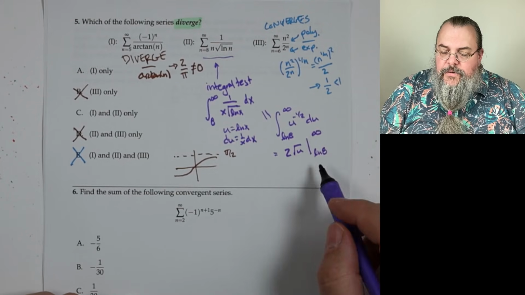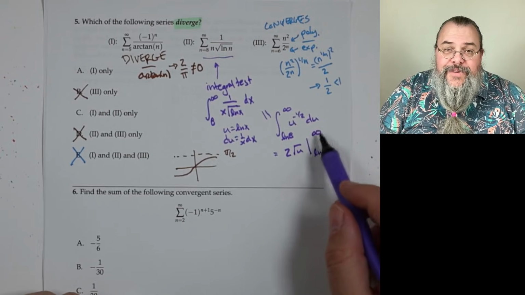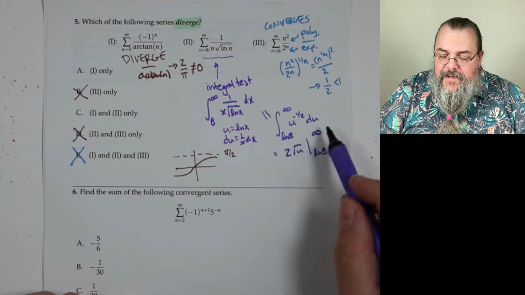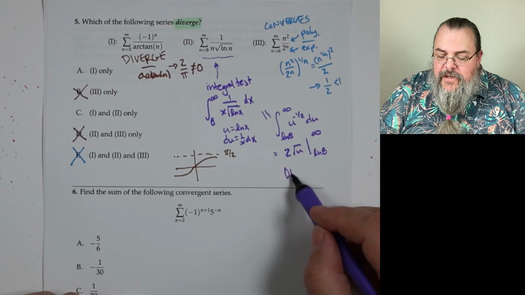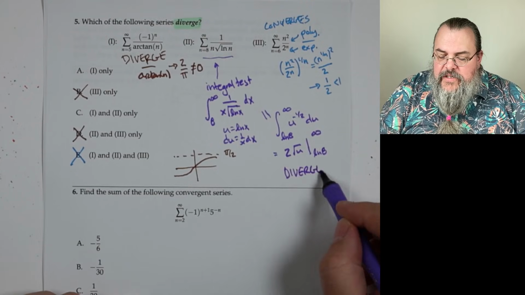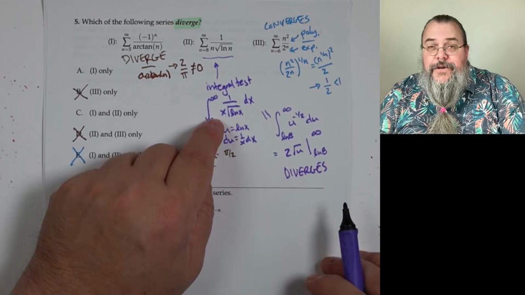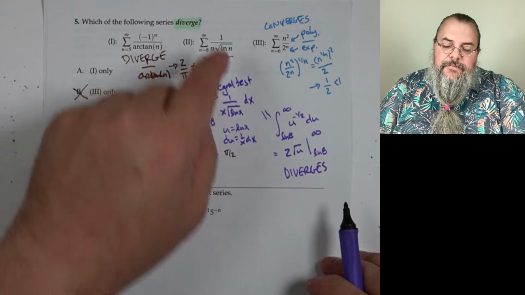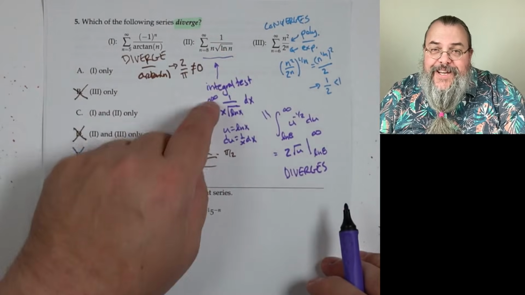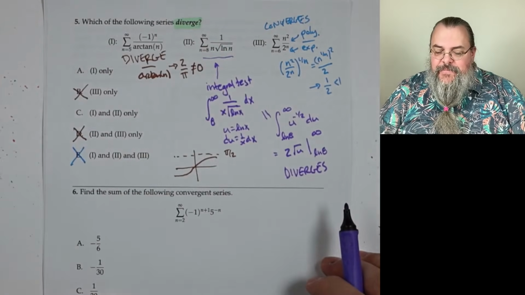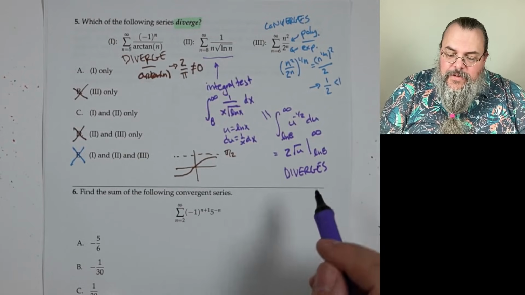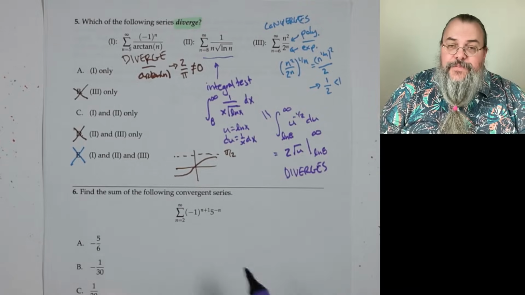And, well, hopeless. It's blowing up. This diverges. And you say, well, wait, that just says that the integral diverges. But yes, because it's tied by the integral test to whether the sum converges. So that says we need to include 2.